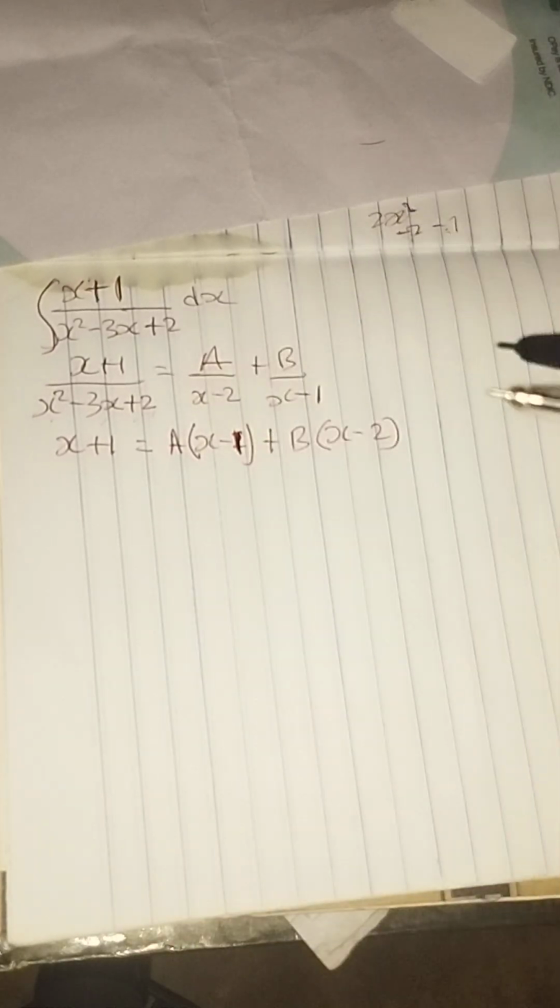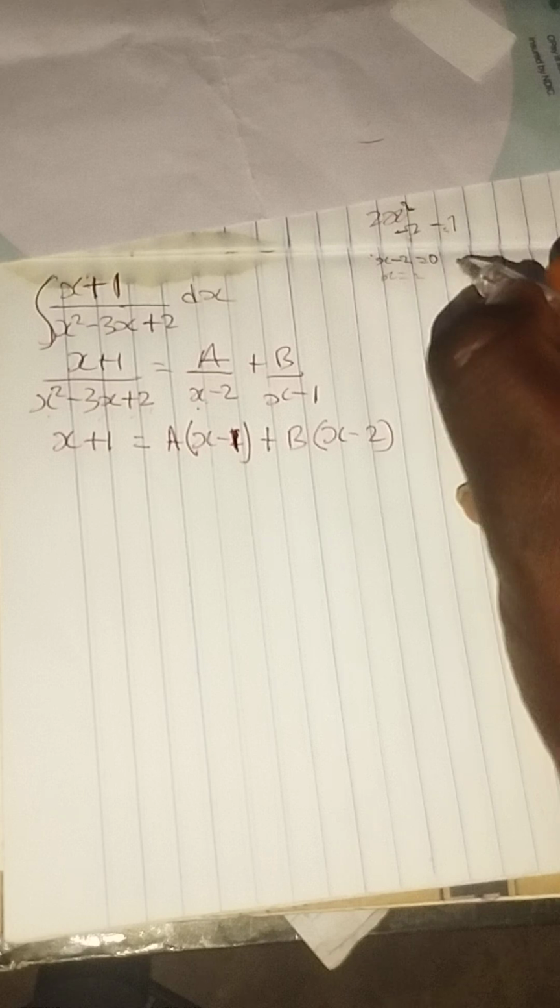Now following the same method, remember we have x minus 2. So when we say x minus 2 equals 0, we have x equals 2, since minus 2 crosses over and becomes 2. Same thing here, x minus 1 equals 0, so x equals 1. Let's substitute, when x is 2 first.